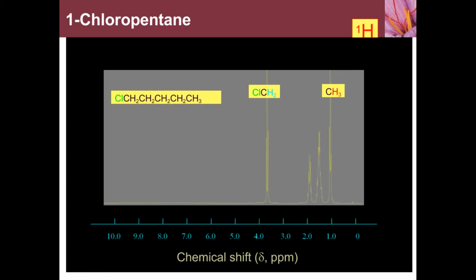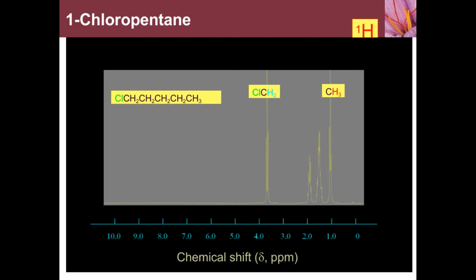The carbon marked 4, that is CH2, gives the sextet at 1.3 delta. Carbon 2 and carbon 3 are identical and give the quintet at about 1.8, as shown in the spectrum.